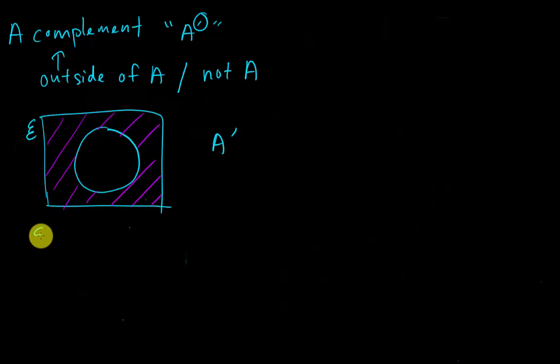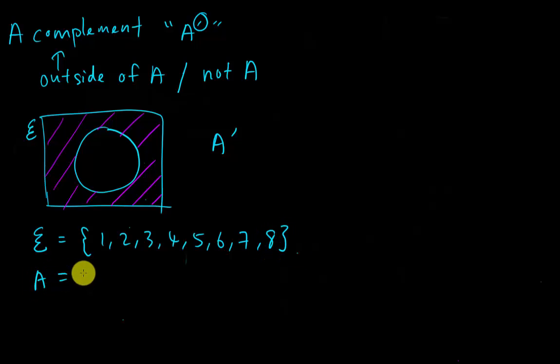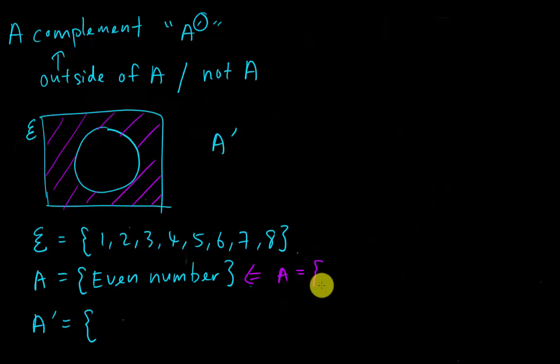If I say my universal set is the numbers 1, 2, 3, 4, 5, 6, 7, and 8, and I say my A is all the even numbers, and then I want to find what is A complement, meaning what is outside of A. So if A itself is the even numbers, I can say my A is 2, 4, 6, and 8.